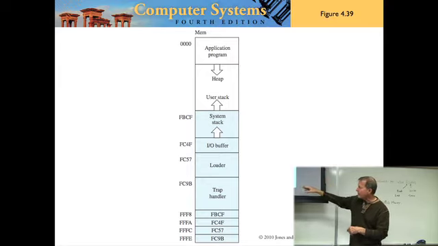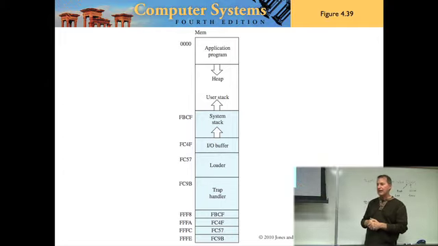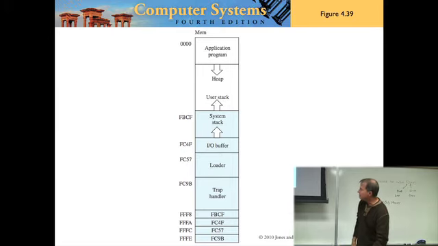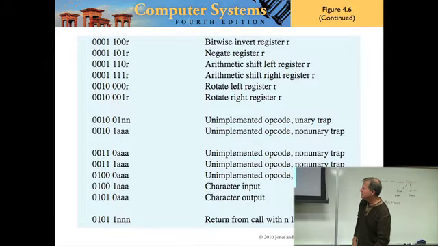Okay, and then starting at byte FC9B is what's called the trap handler. Now, do you remember the word trap? Where have we run across trap before? Let's go back. Oh, yes, here it was.